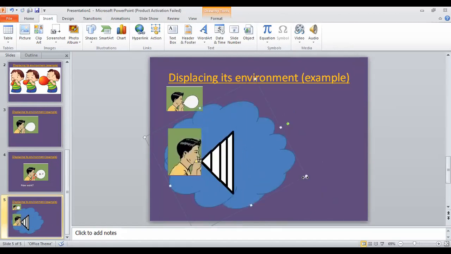So the balloon takes more and more of the surrounding or this environment. So this balloon displaces the environment.